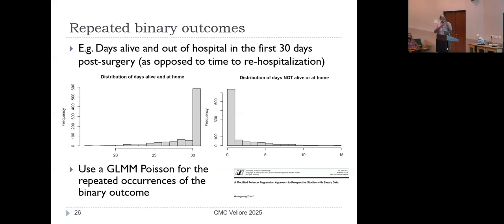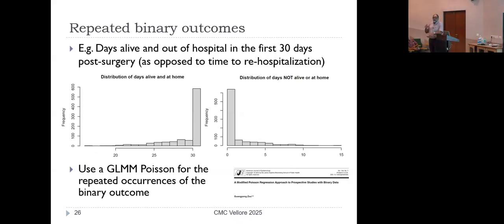But now each day we have 31 days, day 0 to day 30, of 0, 1 measurements. They're all correlated. So we ended up having to do a generalized linear mixed model with Poisson for the repeated occurrences. Complications that would have been avoided if you had done time to rehospitalization or death.